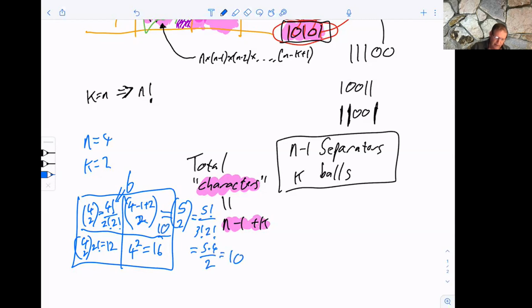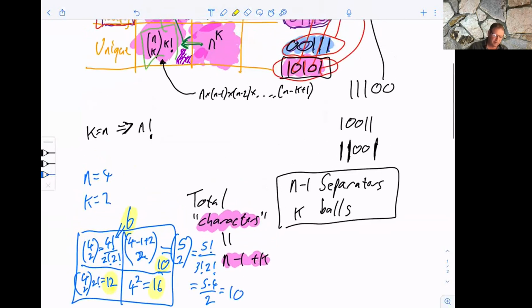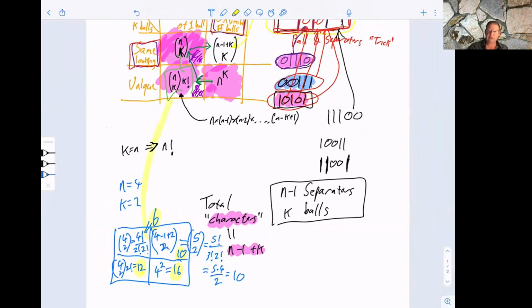Okay, so 10. I'm a bit quick, but that's okay. You've got 10 on this bit, 6 on this one, 12 on this one, 16 on this one. Correct me if I made a mistake. This table here is organized just like this.